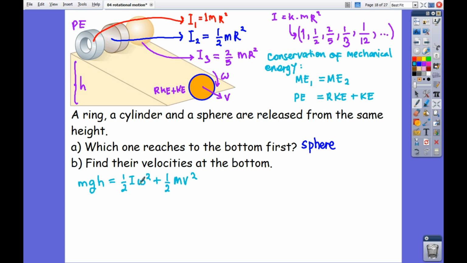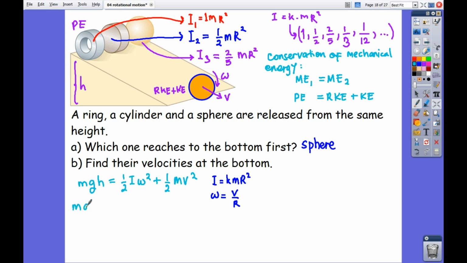Now we have to convert this I and omega into linear quantities. So we know that I is k m r squared, while omega is v over r.